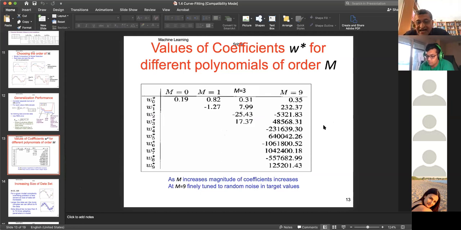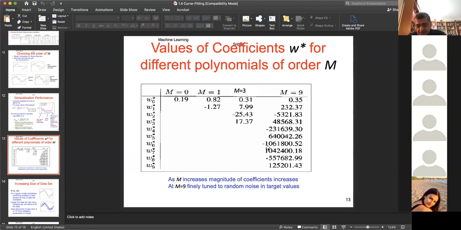It says, other than minimizing the sum of squared errors over the samples, you also minimize the length of the weight vector. Supposing this is a 9-dimensional vector over here, what's the length of this vector? It's going to be pretty large.